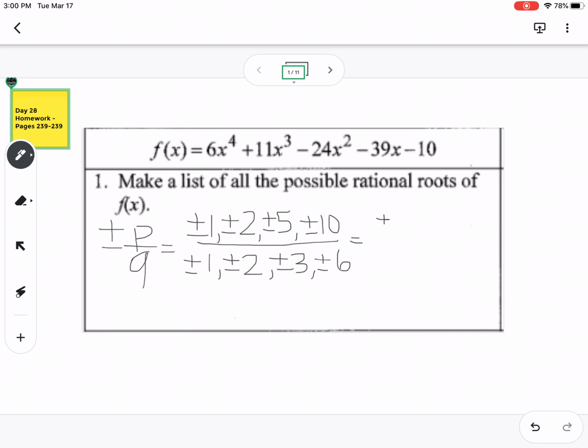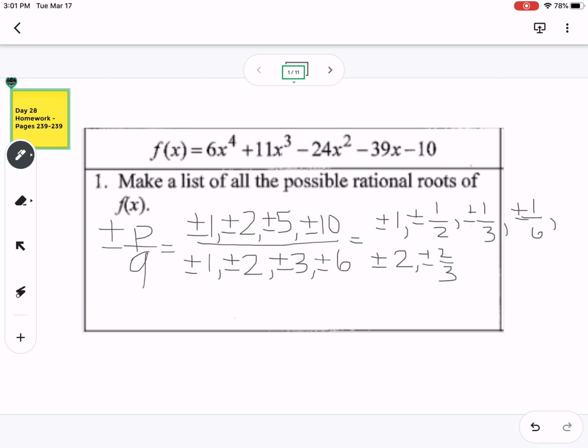So you're going to have plus or minus 1, plus or minus 1/2, plus or minus 1/3, plus or minus 1/6. Then I'm moving on to the 2: plus or minus 2, plus or minus 1, we already have, plus or minus 2/3.